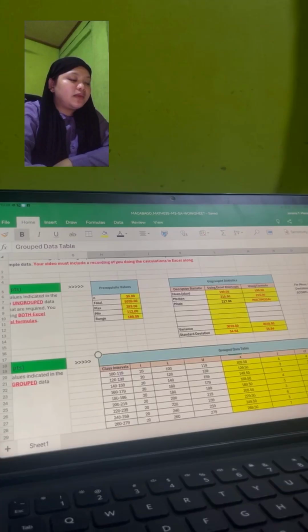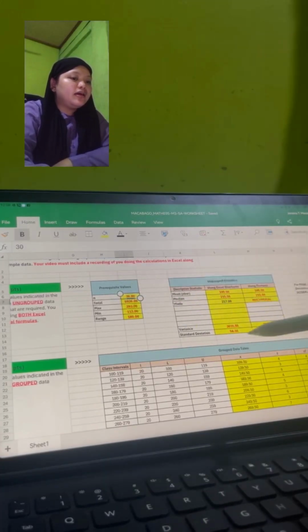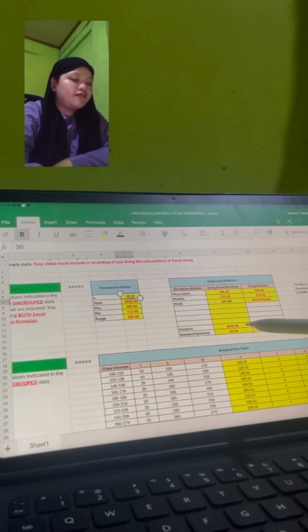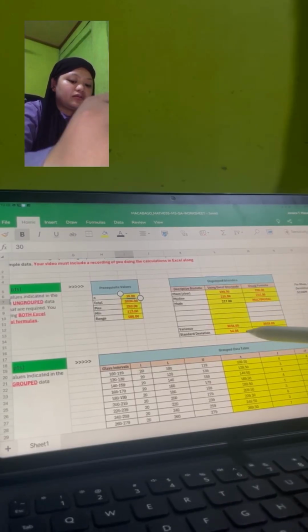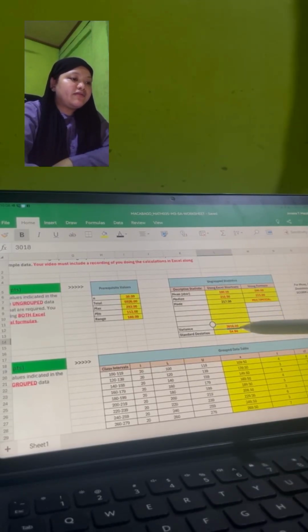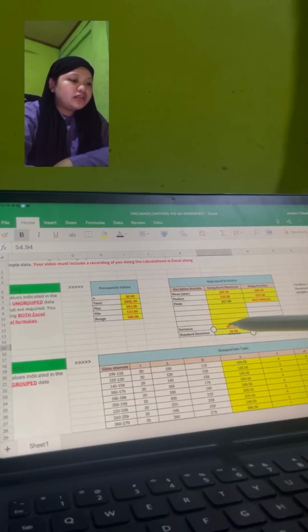I did it by summing up the data in the fourth column, and you get 90,540. Using the formula of variance, we divide by n minus 1. Since we have 30 minus 1, we get 29. Dividing by 29, you get the answer of 3018.